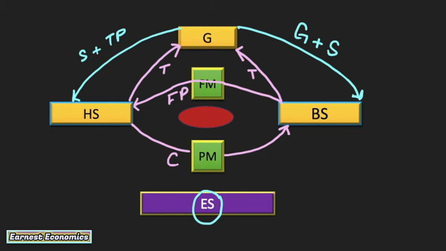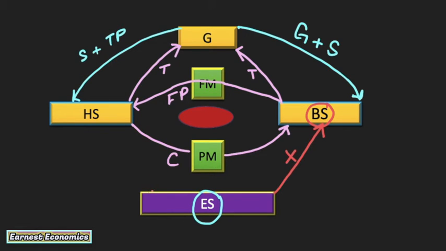So the external sector money comes to the business sector when exports take place, because when exports are made by the business sector, obviously it receives payment, it receives money for selling goods and services to the external sector. So money comes into the circular flow of an economy through the business sector.